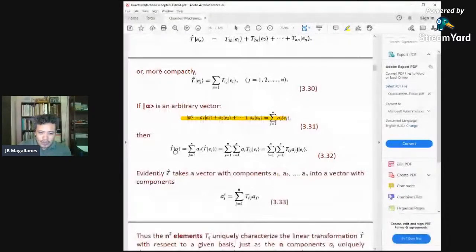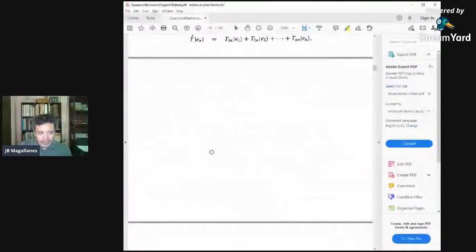When you apply the operator T, the coefficients a1, a2 will just come out, and it transforms the vector ej.